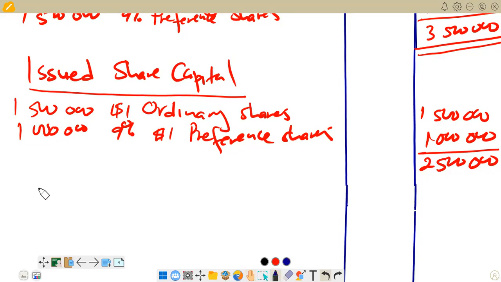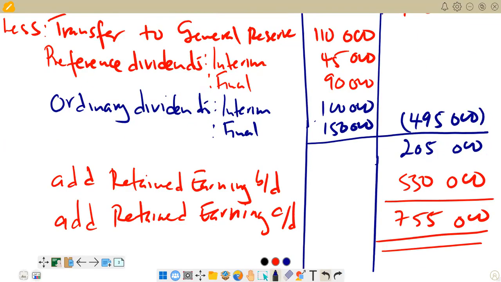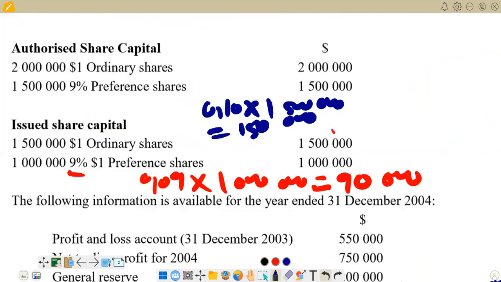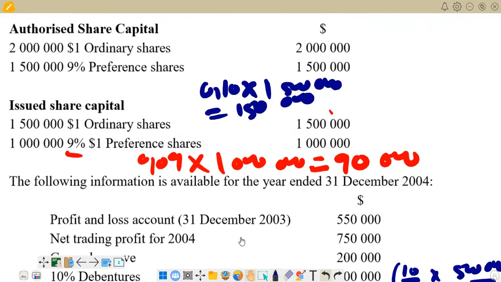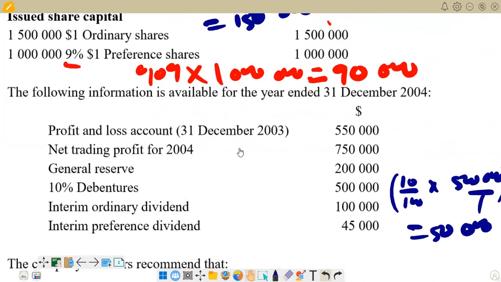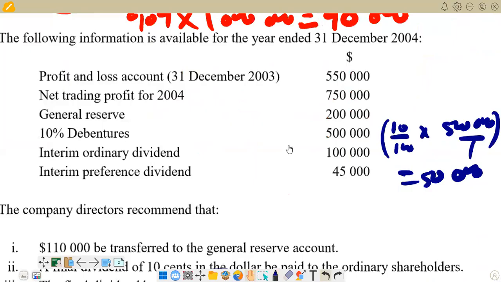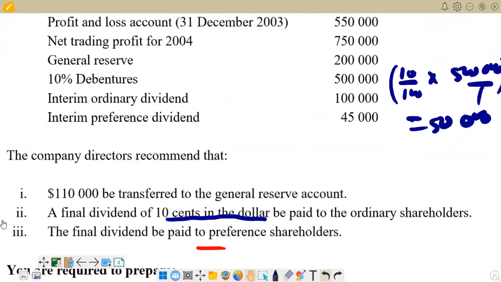Then for reserves, we also put our heading there to show that we are on reserves. And we go and check the reserves that we have, but obviously we have the general reserve. The figure for general reserve is given here, which is 200,000, but we've got something that was transferred there again. I've got a transfer of 110,000 to the general reserve.